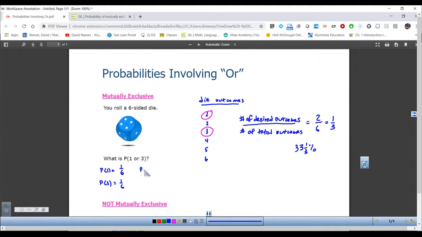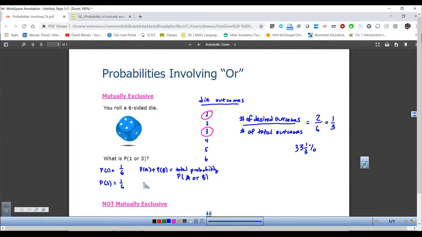So if we have mutually exclusive events, the probability of A plus the probability of B will give us the total probability. All right. So in other words, that's the probability of A or B, right?